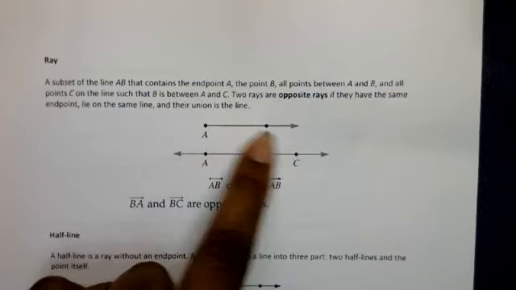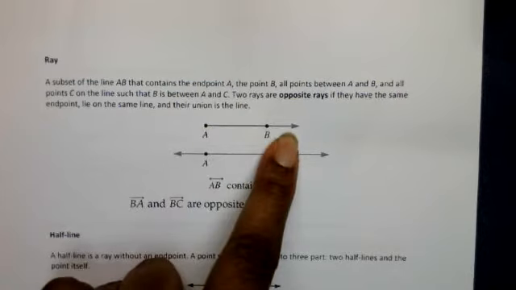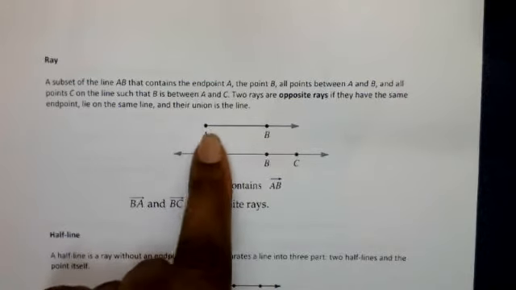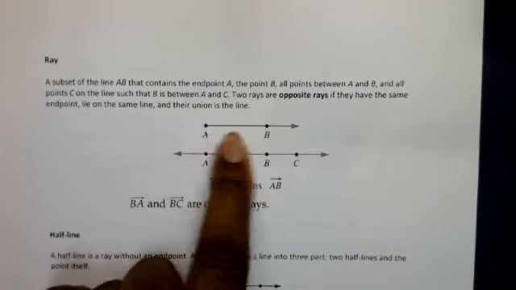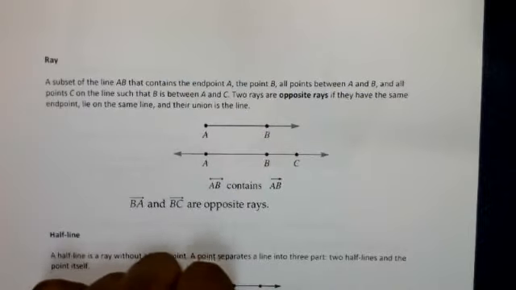You only got a subset of a line. It only goes in one direction. You only have one endpoint and a point on that ray and all the points in between.